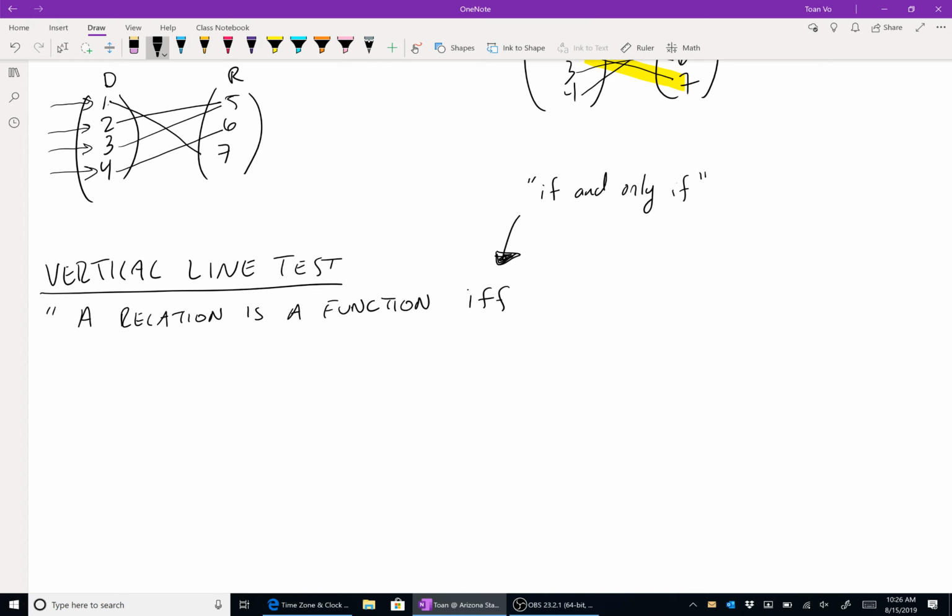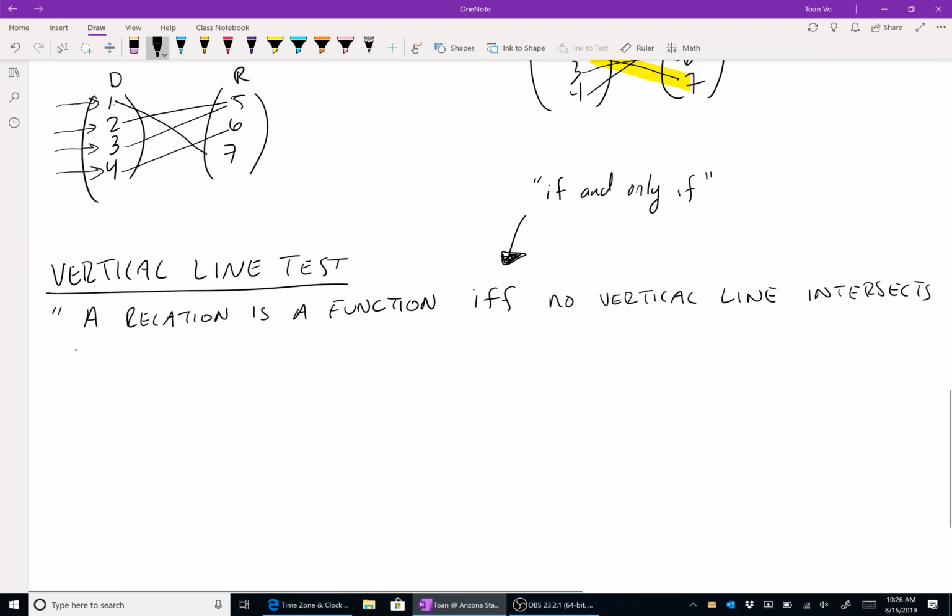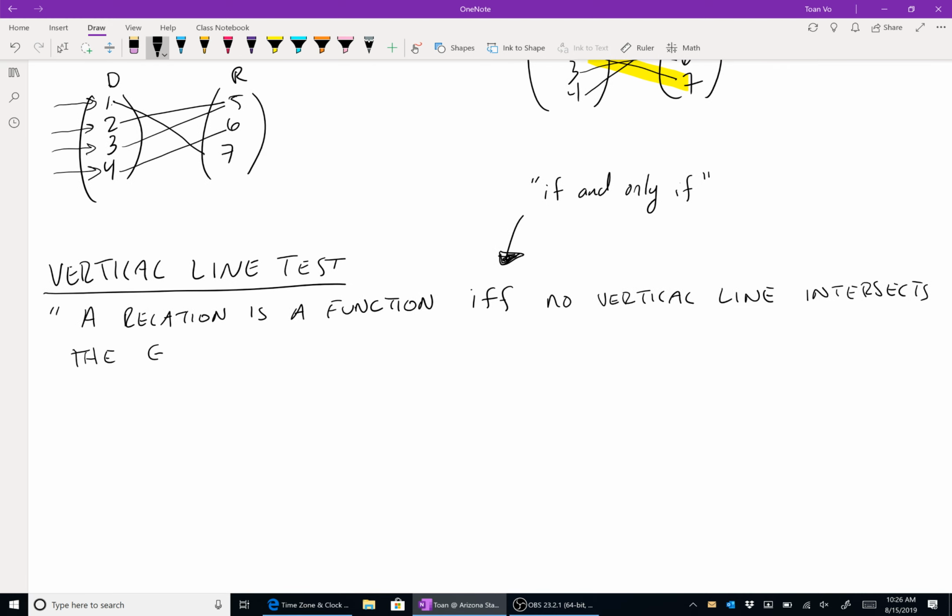A relation is a function if and only if no vertical line intersects the graph of the relation at more than one point.